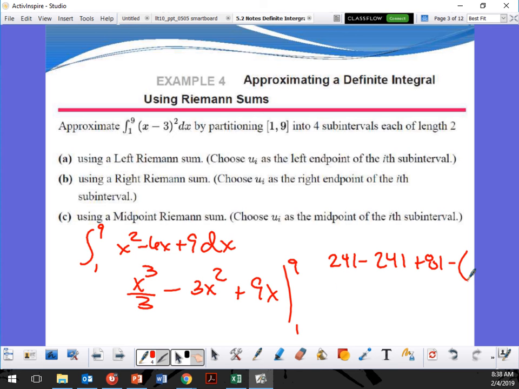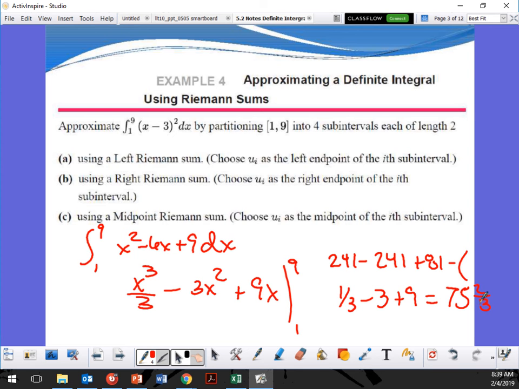That's 1/3. Minus 3 plus 9. So given that, 5 2/3 minus 5 2/3. 7, 75 2/3. Something like that. 75 2/3.